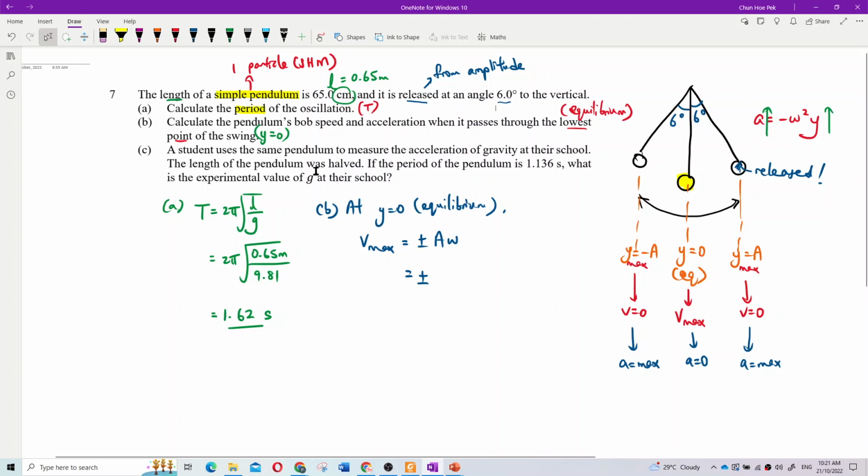So how? Okay, wait. How to find the amplitude, class? Use your creativity.